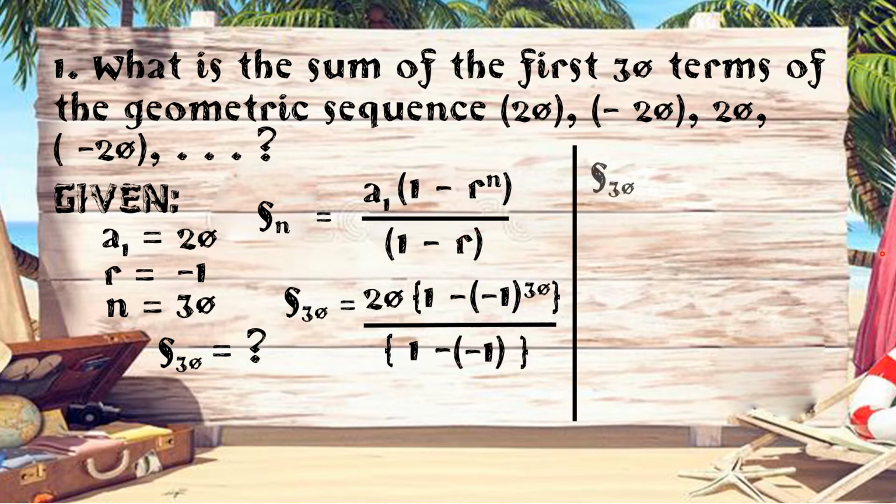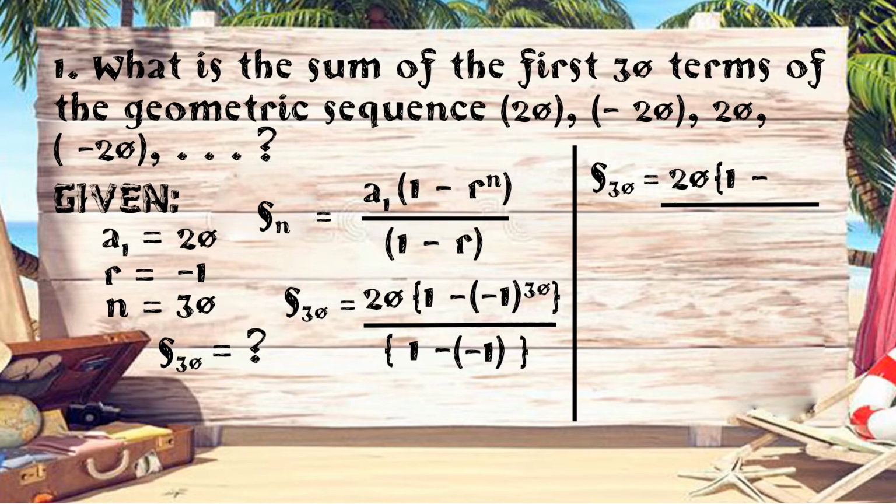Okay, now we have s sub 30 is equal to 20 times 1 minus, and what is negative 1 raised to 30? Okay, baka ang sagot nyo, negative 30 or 30. Let's see muna kung paano pinakamadaling gawin yan.